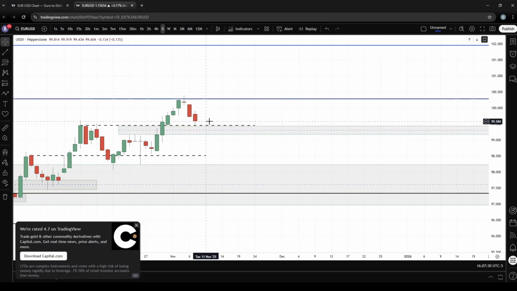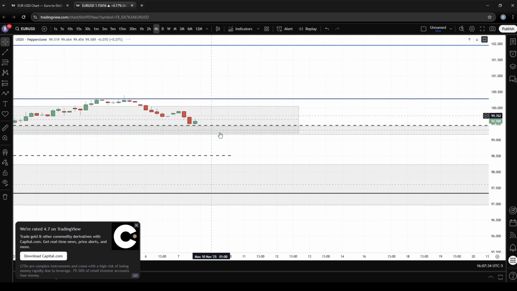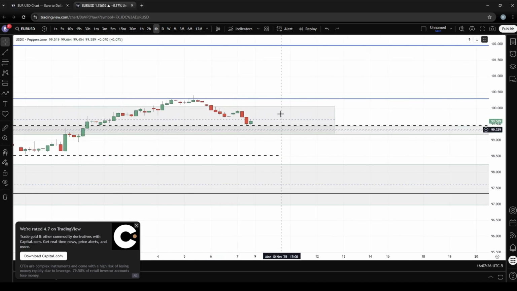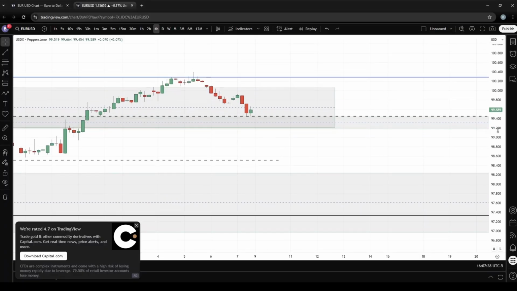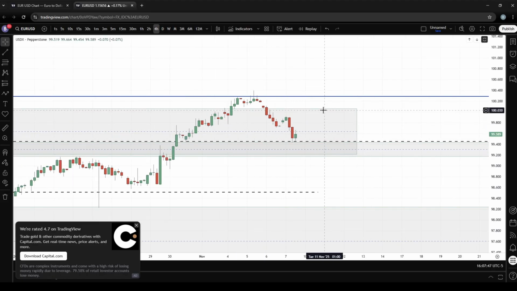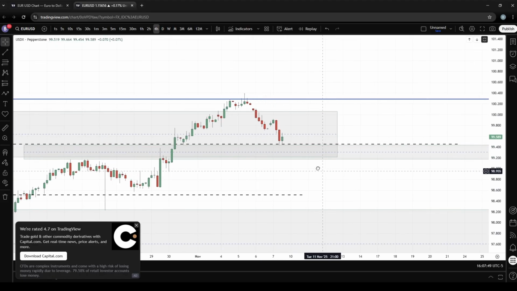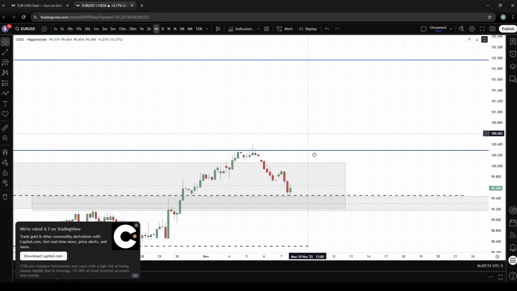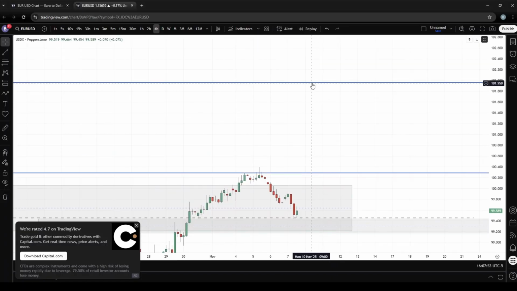On those higher prices, you go down to the 4-hour time frame, then you will be able to see an order block being formed, an order block and a fair value gap. Then we'll be able to use those PD arrays for higher prices until this region. That's the US dollar index.